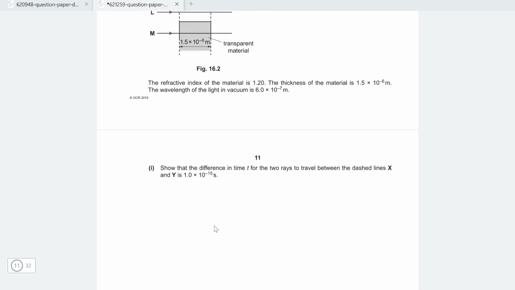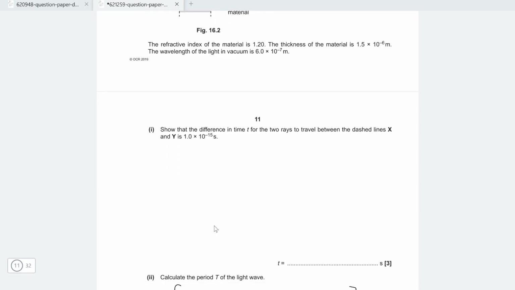Okay, well, L is going to go through vacuum essentially. So let's just do two columns over here. So let's have the vacuum one, which is L. The time for ray L will just be essentially our distance divided by the speed. So this will be d divided by c.